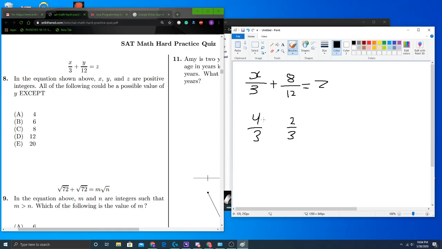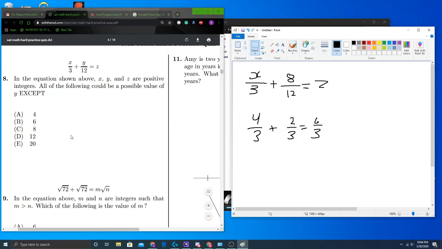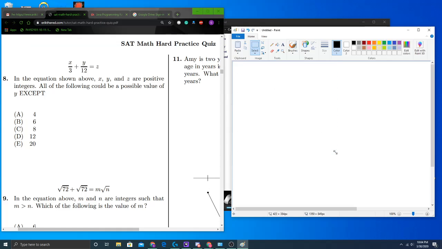Oh, no, it did do it for me. 4/3 plus 2/3 is equal to 6/3. We get x equals 4, y equals 2, z equals 2, y equals 8. So 8 works. If you run it down with 12 and 20, you'll get the same thing. But I'm seeing that we already got B to be the evil child. Yes, so 8 is going to be B.